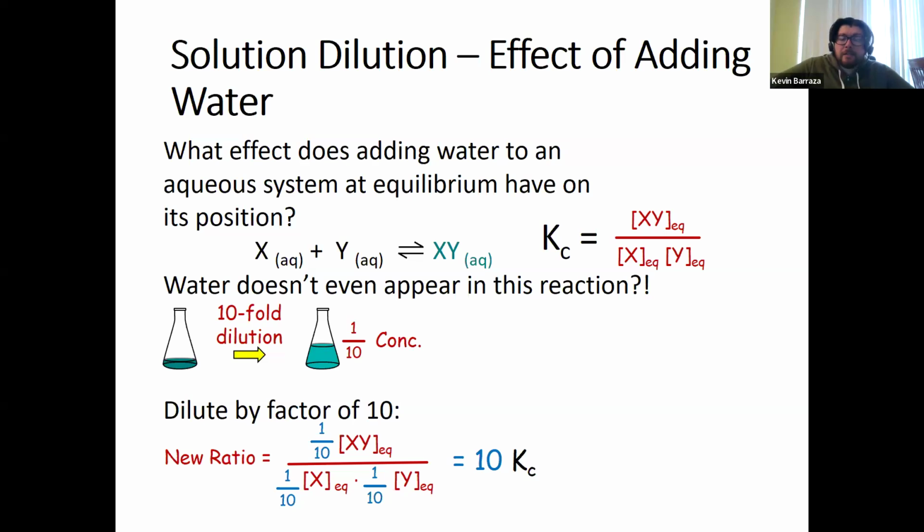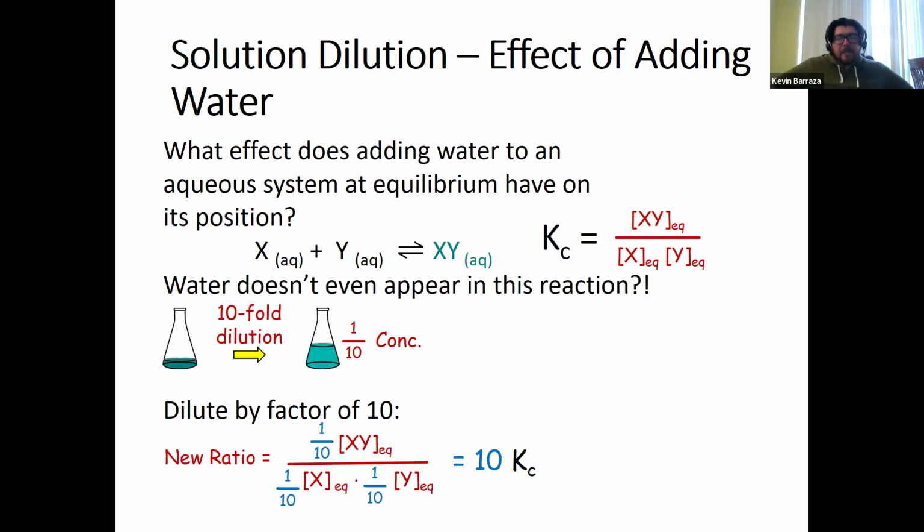So we consider what happened to the concentrations. The ratio is now too big. If it's too big, then what do we have too much of? Product or reactant? If our ratio is now too big, think of what's on each side of the fraction bar.